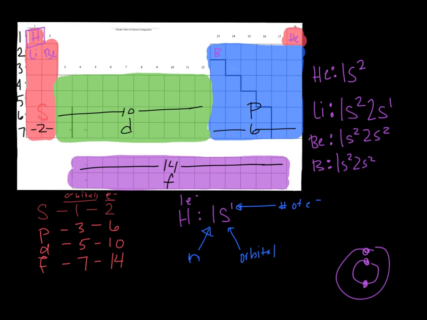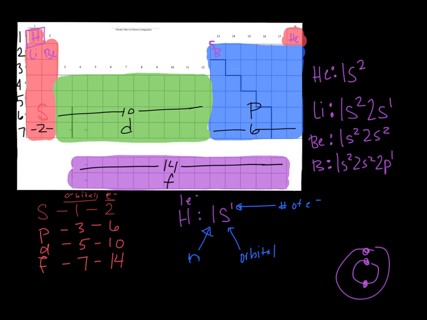So it'd be 2p, because we're in the p block now, 2p1, because it's the first one in the p block. And so if we add up the electrons here, we've got 2 plus 2 plus 1, and so that's 5, which is exactly, because this is number 5 here on the periodic table, how many electrons boron does have.